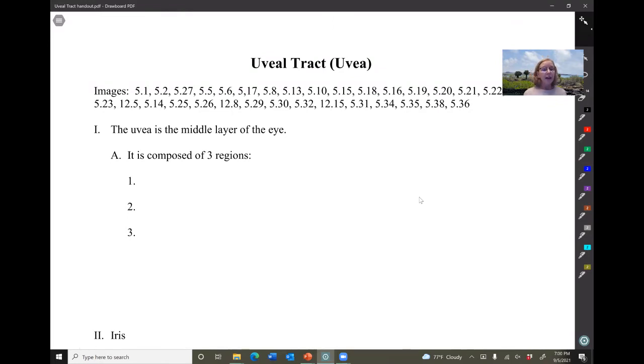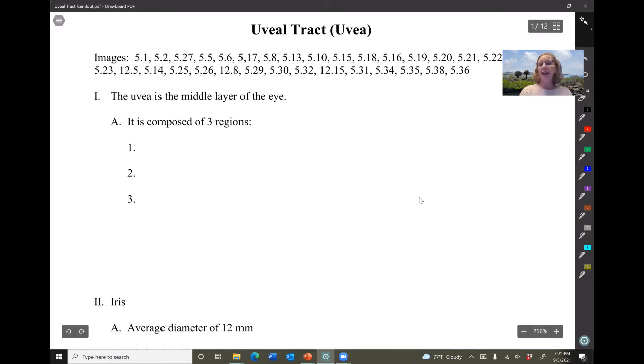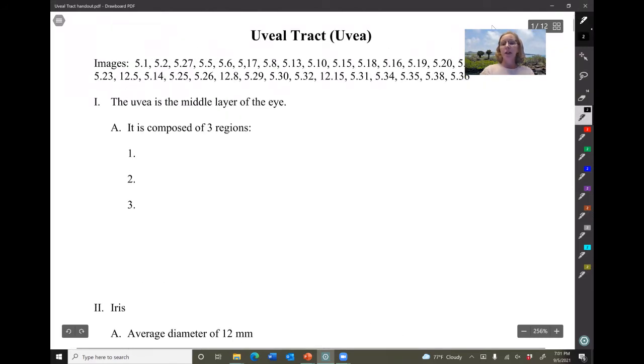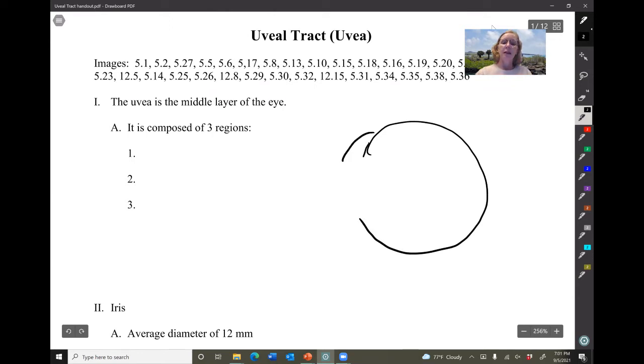The uvea is the middle layers of the eye, and it's composed of three regions, and we'll draw those out. If we cut the eye in half, so we are looking at it from the side, the first part of our uvea is the iris.